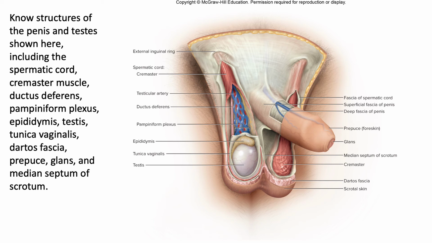Again, the testes have to be slightly cooler than the body for proper sperm production. So the testes are held outside the body, and temperature regulation takes place by contracting or relaxing muscles to bring the testes closer to the body for warmth, or let them hang farther from the body to cool them off. The pampiniform plexus we will see more on the next slide.